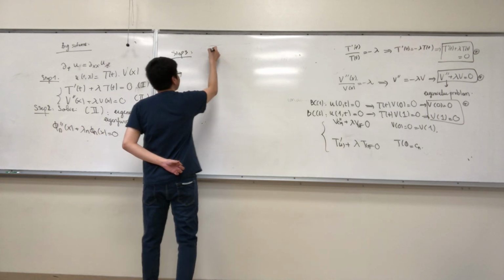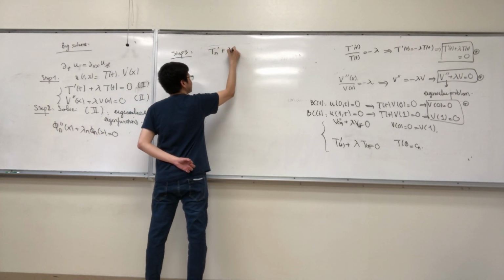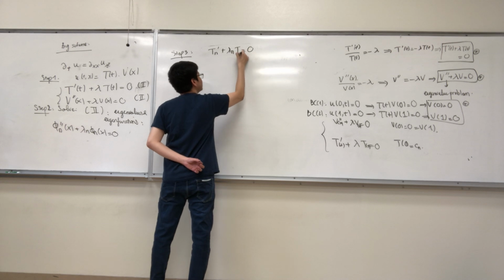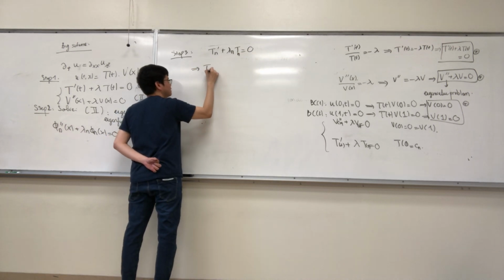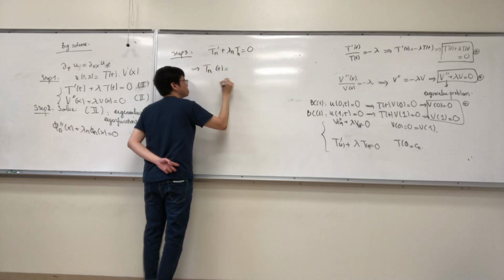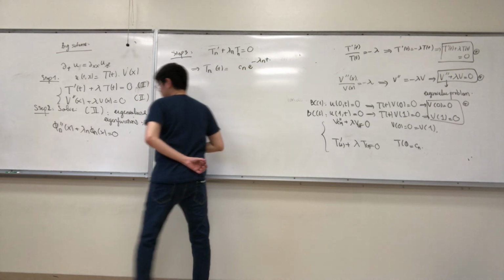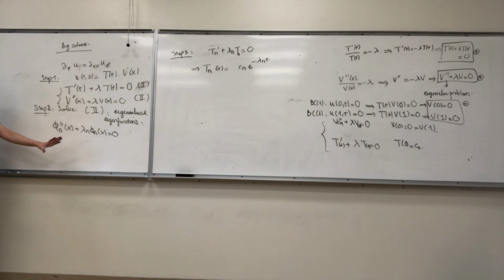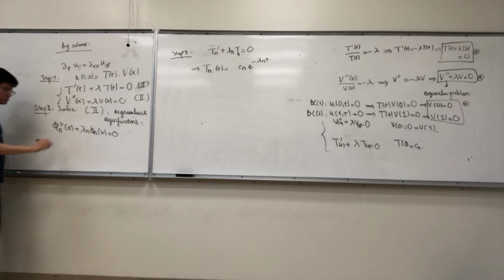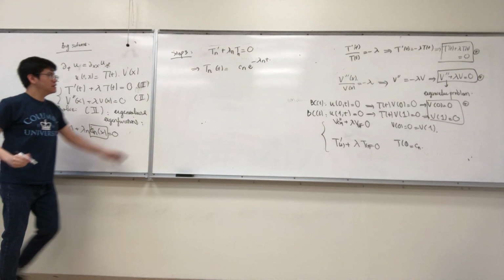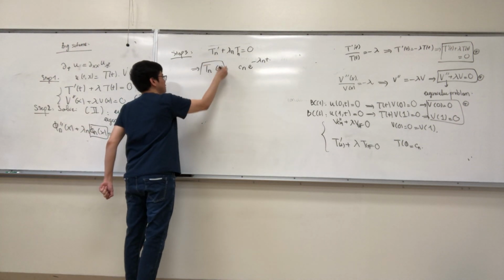So you have Tn prime plus lambda n Tn is 0, which means that Tn(t) will be Cn exponential minus lambda n t, right? Is it clear? So all of these things, phi n and Tn, are solutions.